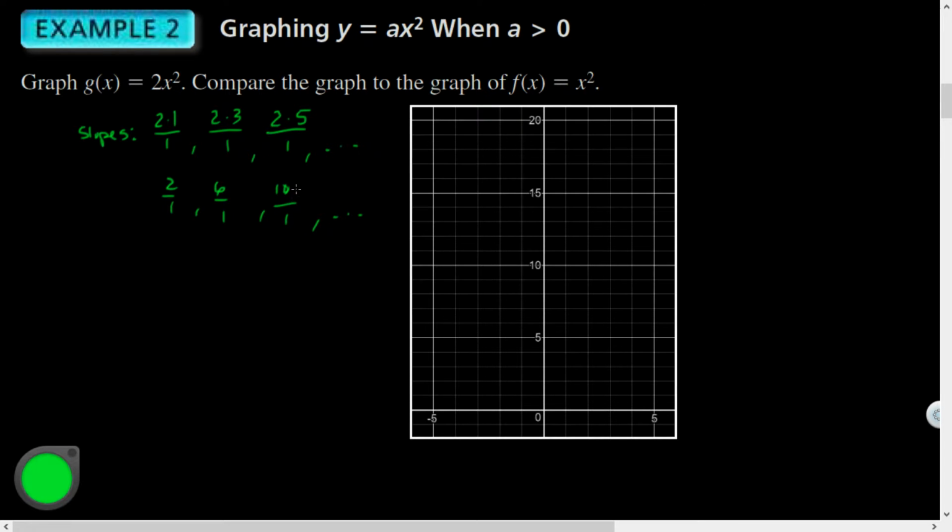I'll have to come up with a different example next time. What's the vertex for this one? Well, c is 0. There's a plus 0 here. So the vertex is going to be 0, 0.